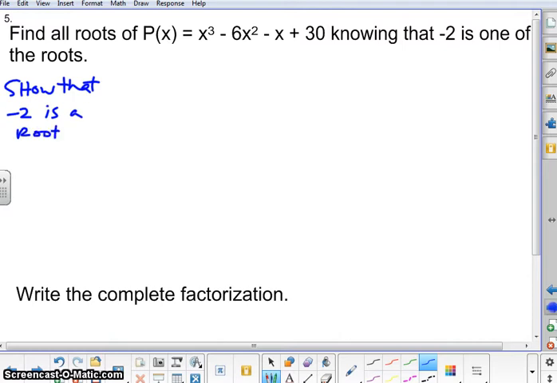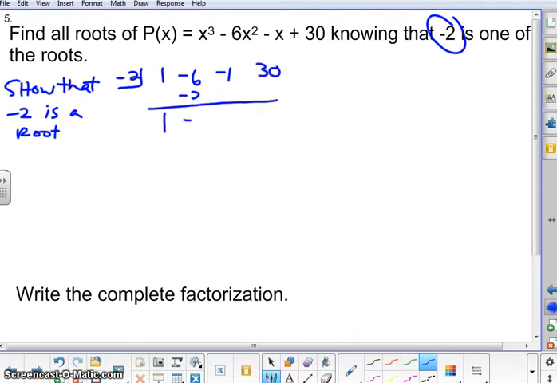And based off of lesson 11.1, we know how to do this. And again, we've just practiced synthetic division, so we're going to do that once more. Okay, I'm going to take all of the coefficients and do synthetic division. And it's a good idea to push pause and see if you can do this on your own.